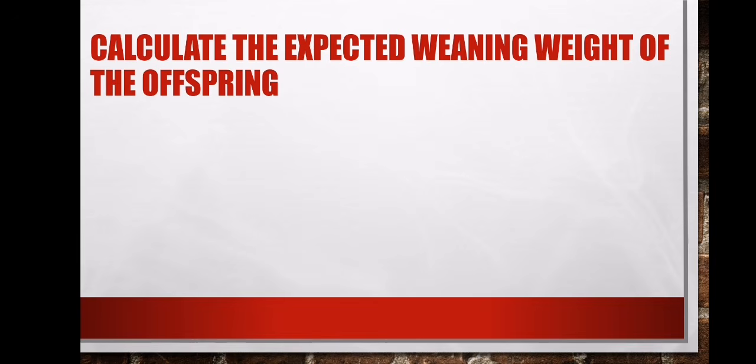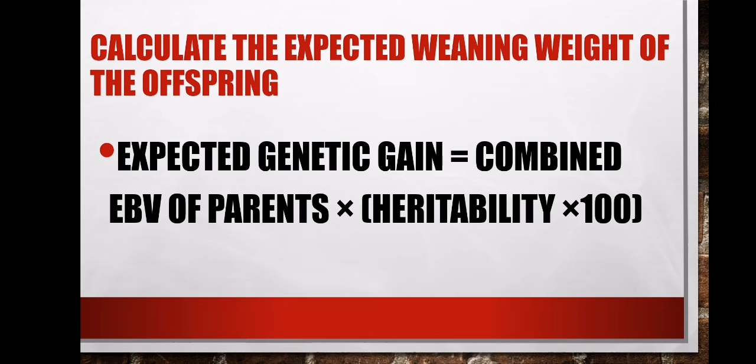What you are supposed to do here, good people, you must say the expected genetic gain. You will say the combined EBV of the two parents multiply by the heritability, divide by 100.